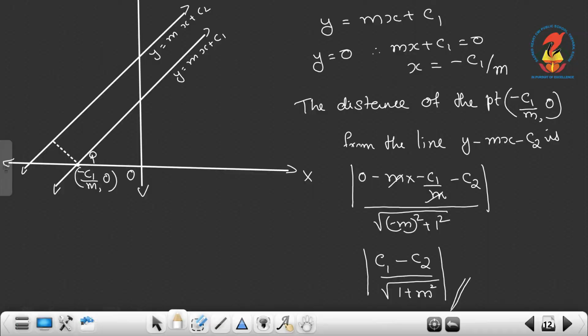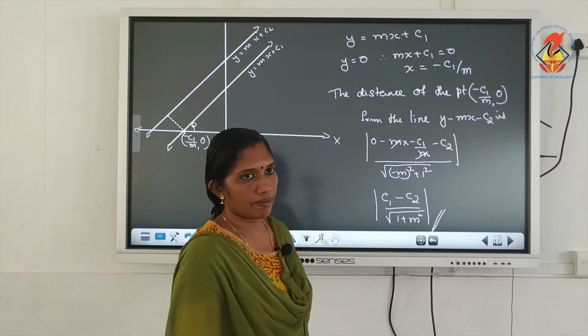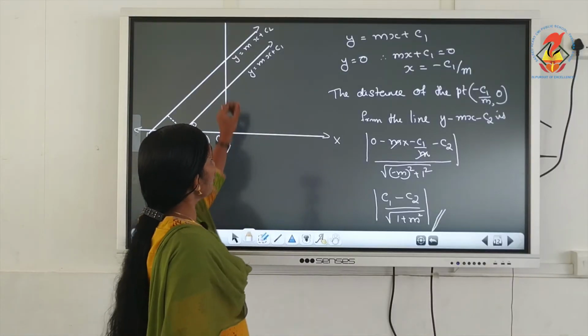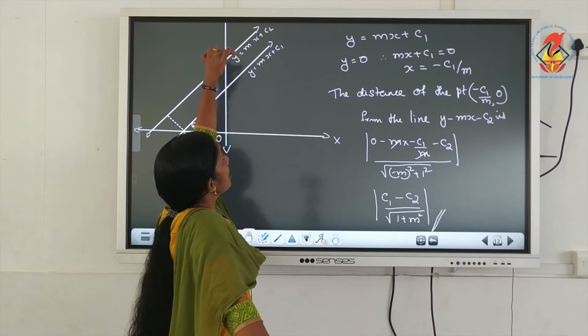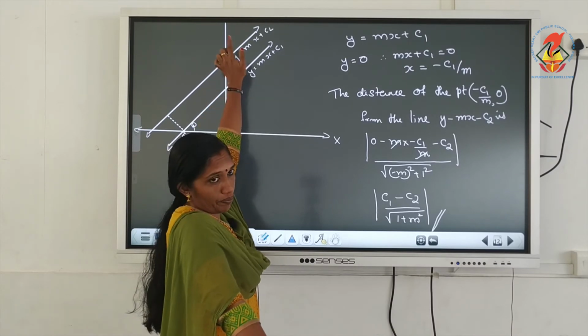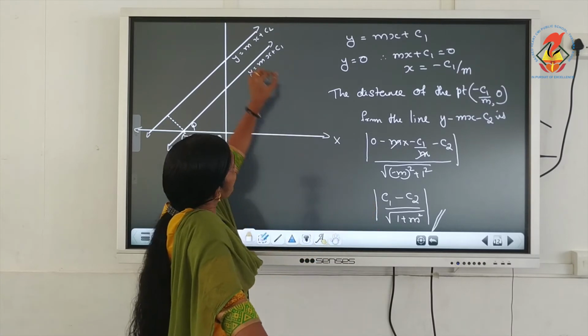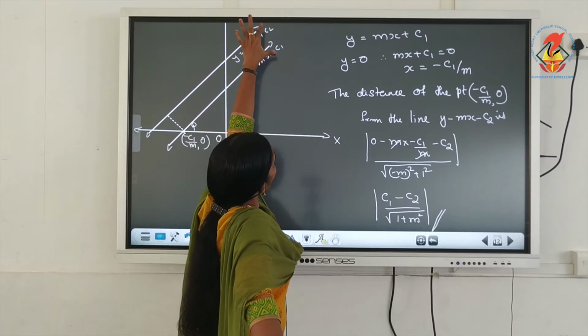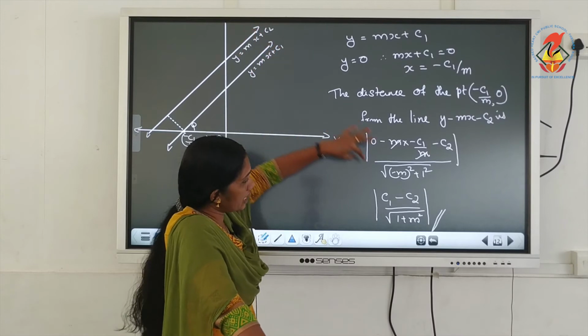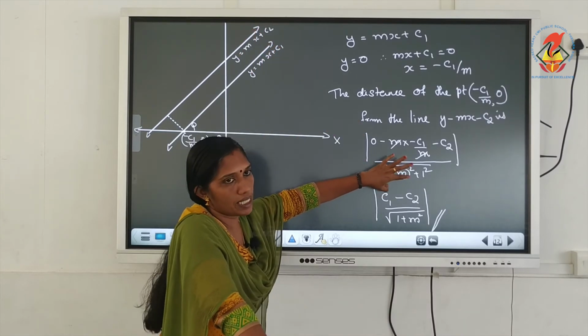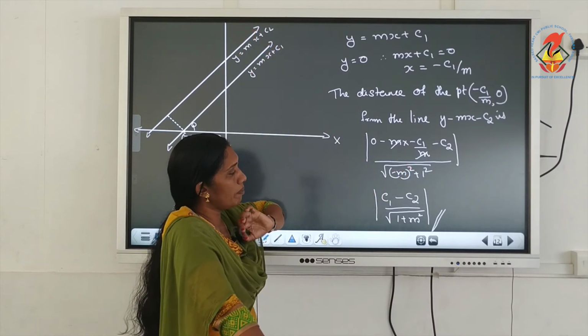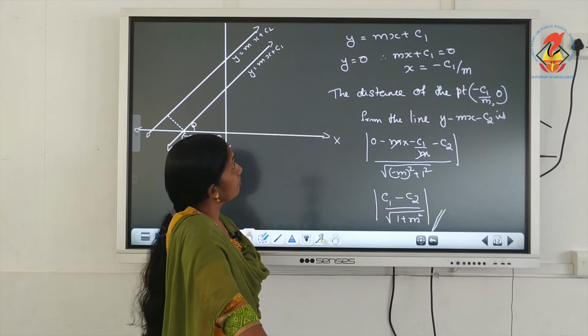This is the distance between two parallel lines. If the parallel lines are in this form, the distance between them is the modulus, you just have to subtract the constant parts: c2 minus c1, or you can give c1 minus c2, by root of 1 plus m square.